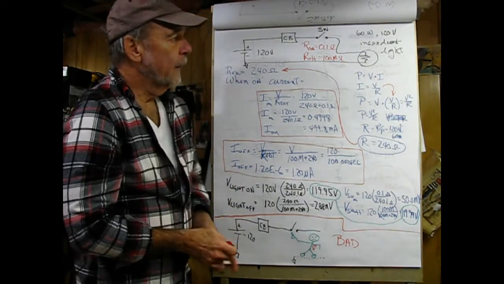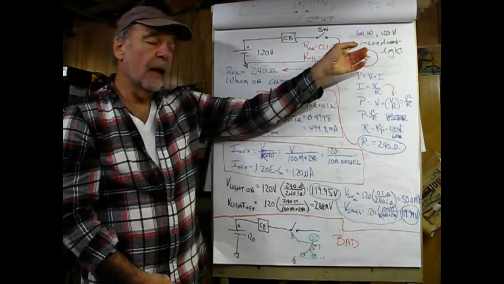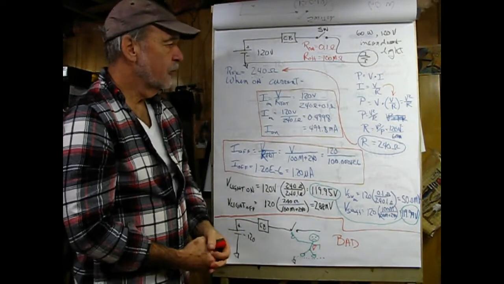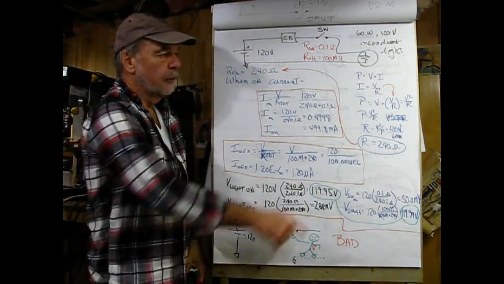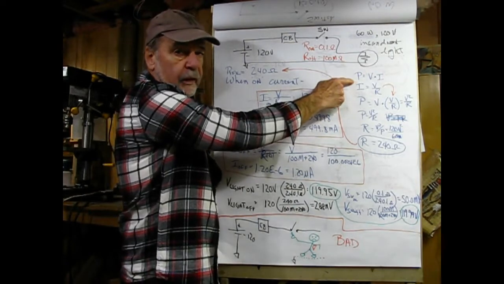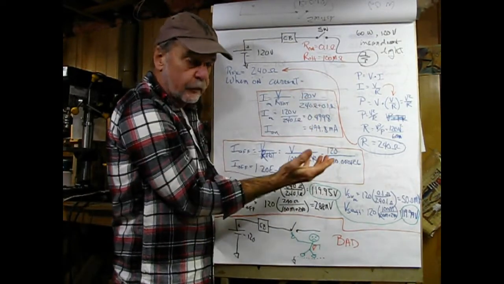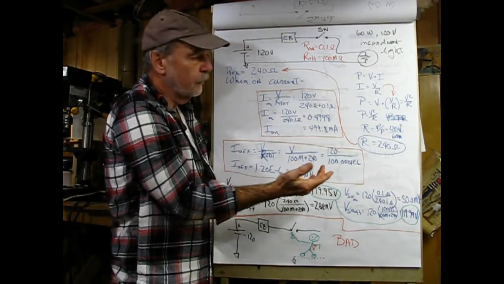So in our circuit here we have 60 watts and 120 volts, and let's start out first by finding the resistance of the filament. What we know is that the power equals voltage times the current, and then we're going to derive a formula to find the resistance.